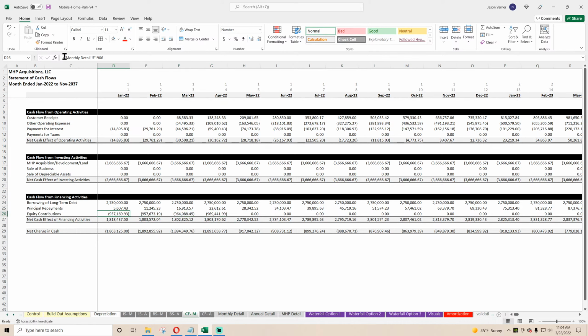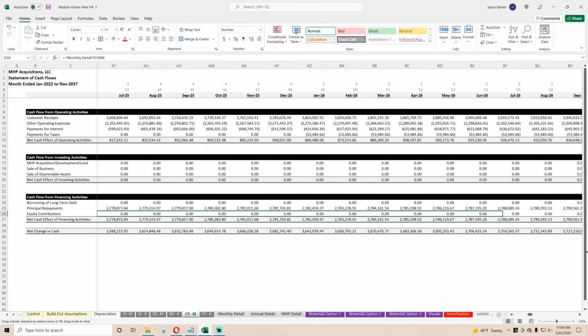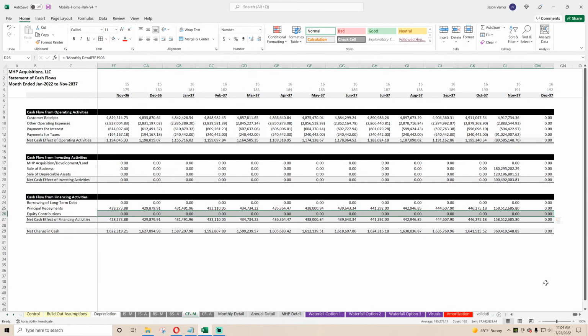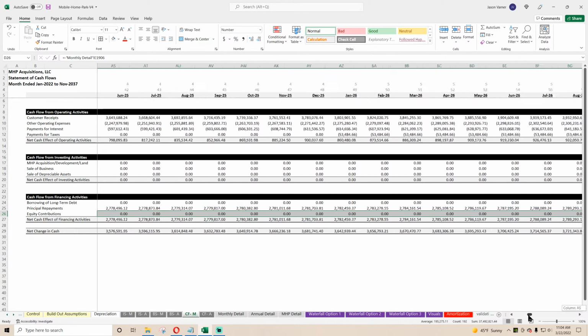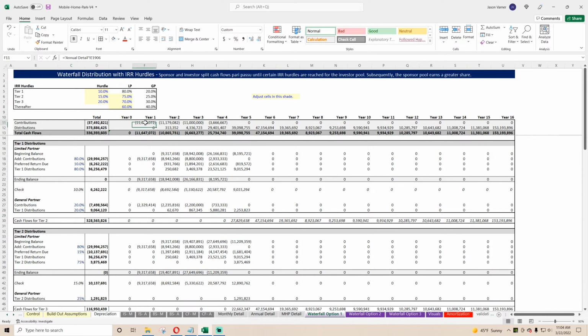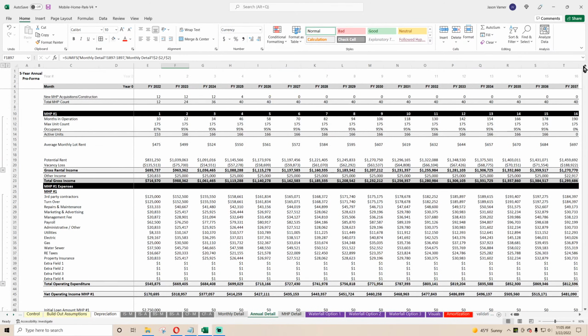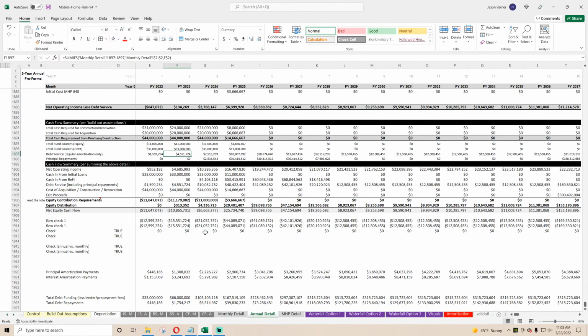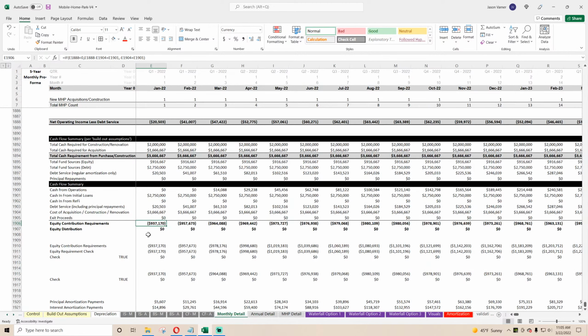On the company side, this is actually a positive number of cash coming in. And let's see, how do I calculate contributions here? Annual detail F1906. Okay, so 1906, let's go to the monthly.